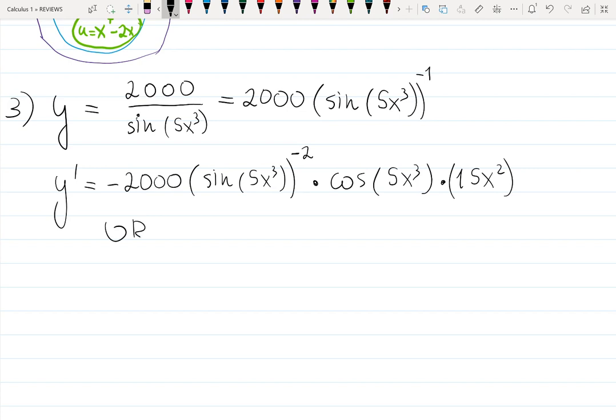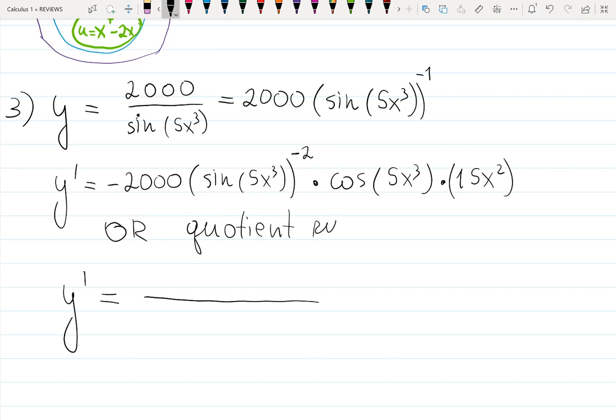Or you can use quotient rule, and I will do it just in this case to compare for you which one is faster. So I will do it like this. Use chain rule, and that one is preferable method. It's faster. Or use quotient rule.